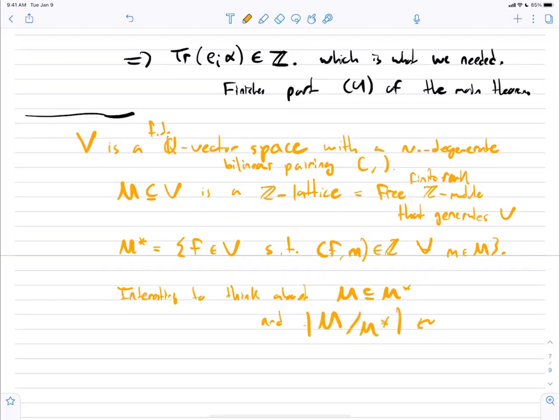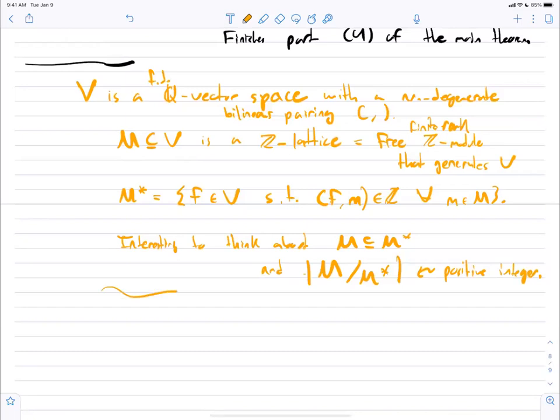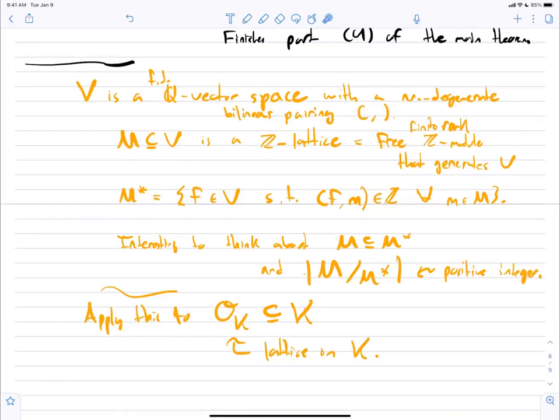This is going to be some positive integer. In particular, I'm going to apply this to OK, living inside of K. This is a lattice in K. You want to look at the dual, so everything whose trace pairing with OK gives you an integer. And you're looking at the difference between OK and OK dual. The same argument we saw just above will show that OK is contained in OK dual.